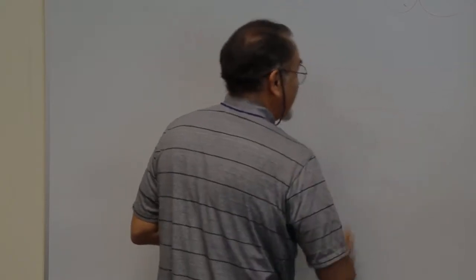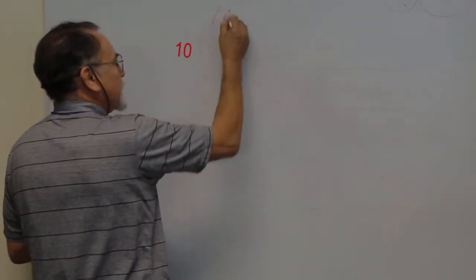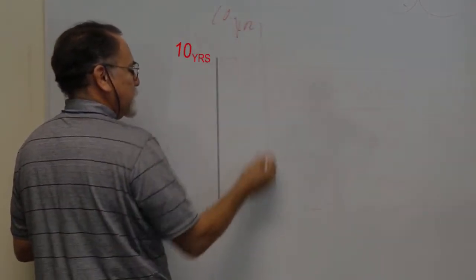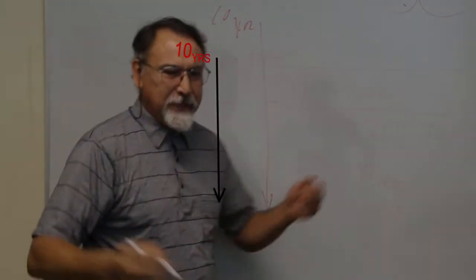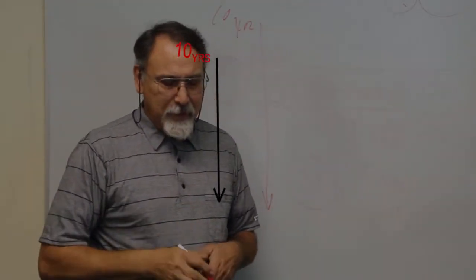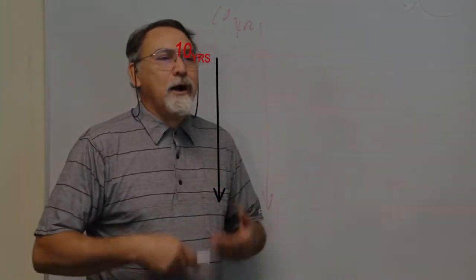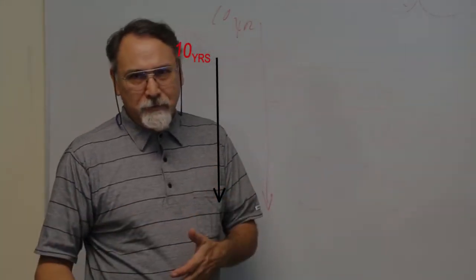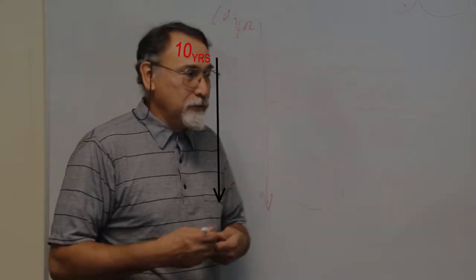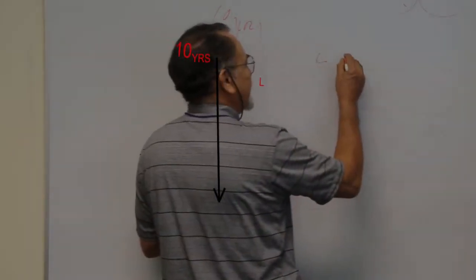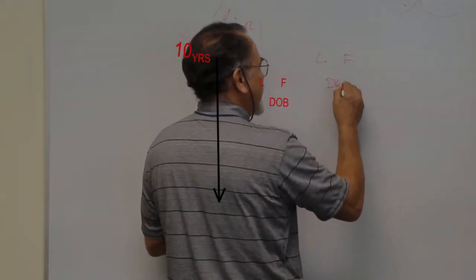if these guys have been open for 10 years, they've got 10 years' worth of business, okay? So they've got 10 years' worth of patients. Now, when you look up a patient, how would you look up a patient? Well, usually you would do last name, first name, or date of birth, right?